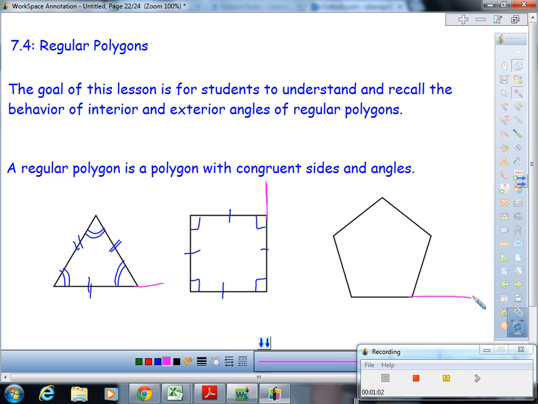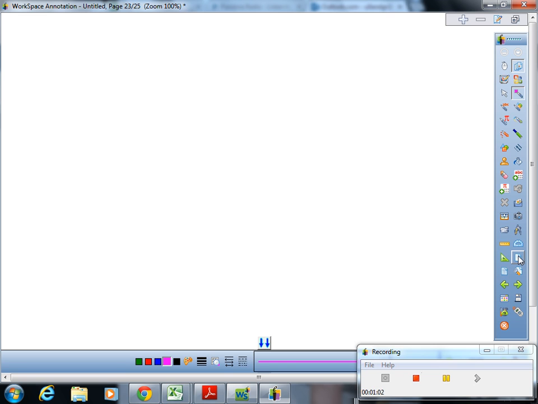I just want you to notice that angle 1 is obtuse, angle 2 is right, and angle 3 is acute. So as the number of sides of a regular polygon increases, the measure of the exterior angle decreases. And that has to do with what we learned yesterday. We remember that the sum of the exterior angles is always 360.